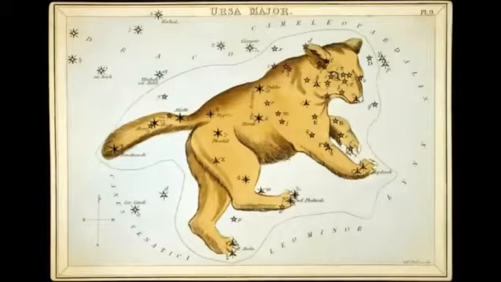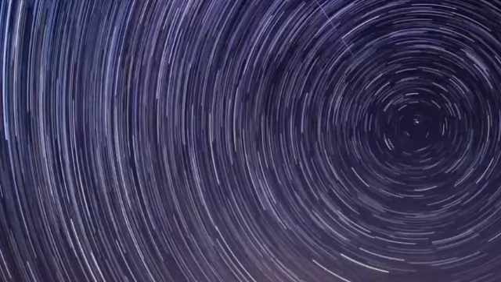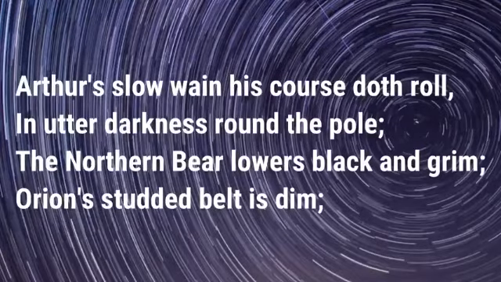In his 1805 work, Lay of the Last Minstrel, he states, "Arthur's slow wain his course doth roll, in utter darkness round the pole. The northern bear lowers black and grim, Orion's studded belt is dim." The symbolism speaks louder than the corrupted history.